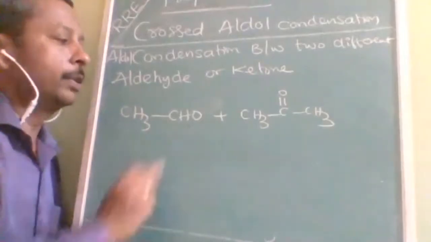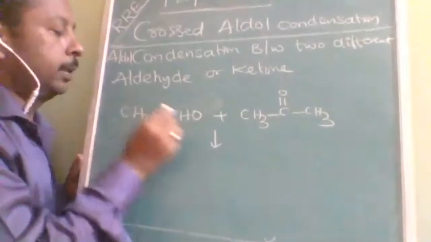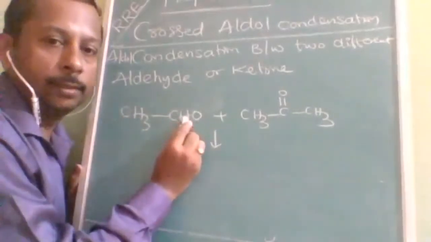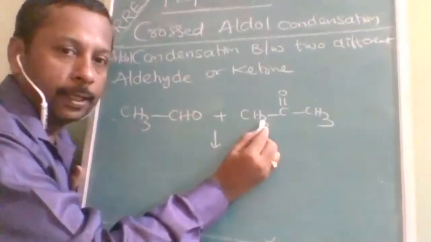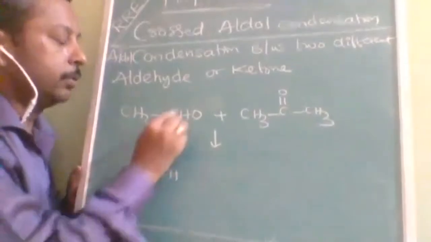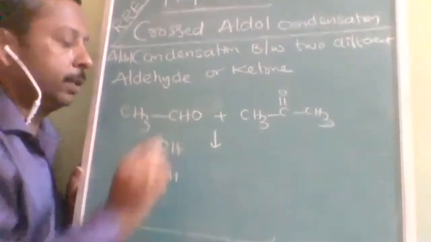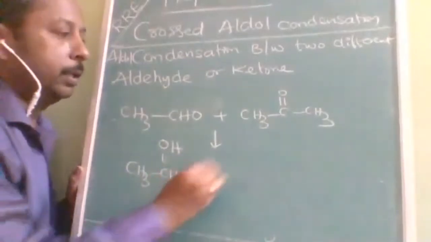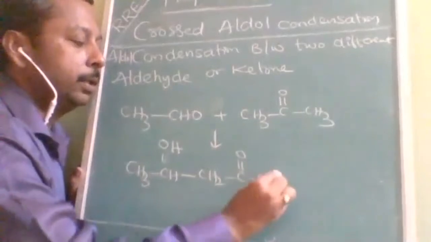So first, in crossed aldol condensation, let us take the aldehyde giving the carbonyl group, and the ketone providing the alpha hydrogen. At that time what happens, the carbonyl is converted into alcohol, and this will be converted to CH2, then CO, then CH3.